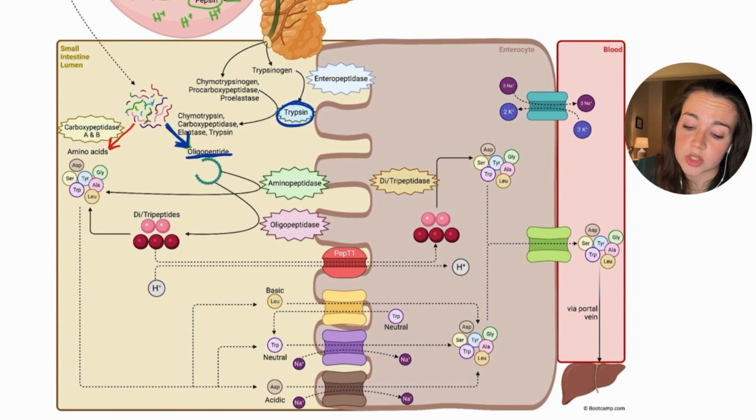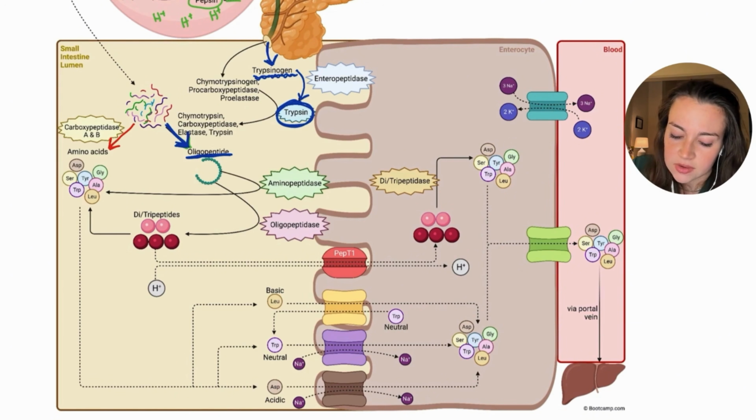So you remember how we were talking about zymogens, the inactive form of different enzymes. Trypsinogen is a zymogen for trypsin. Trypsinogen is going to be the first endopeptidase that is activated out of its zymogen form into its active form of trypsin.